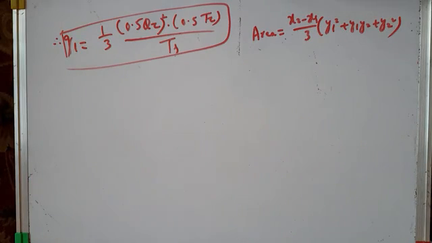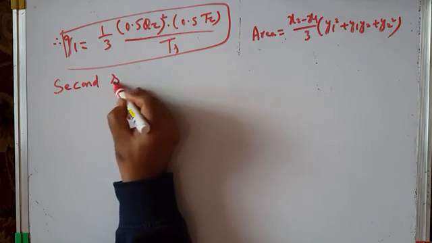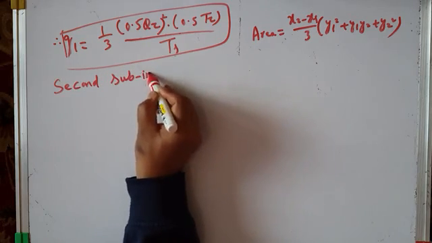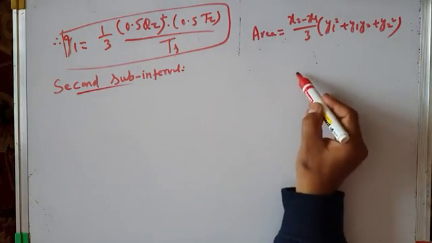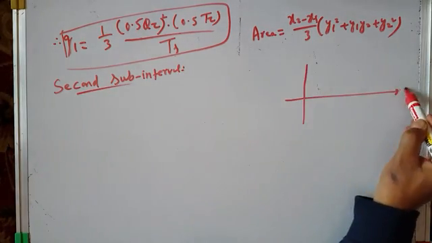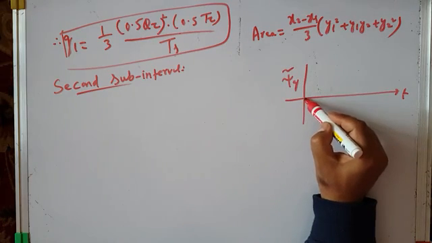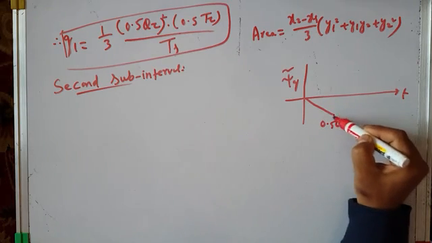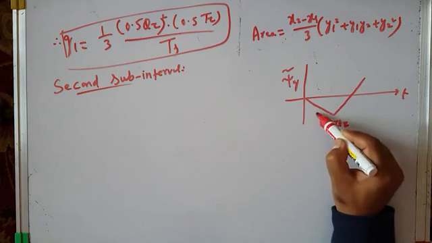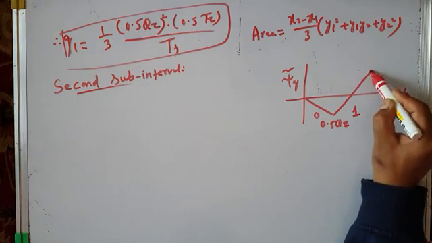Let me take the second subinterval. In the second subinterval, it's like this: time axis, and this is psi q tilde. In the first subinterval, it was 0.5 qz. Null vector 0 was applied, and then active vector 1 is now applied.